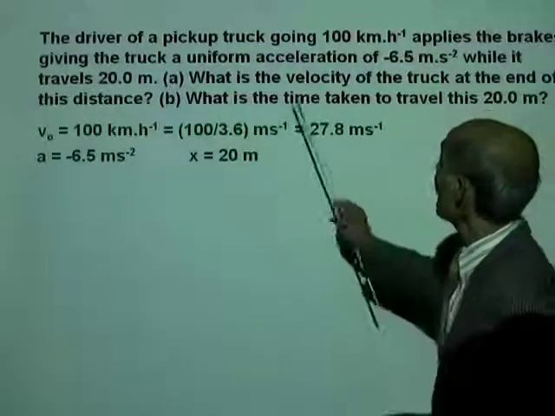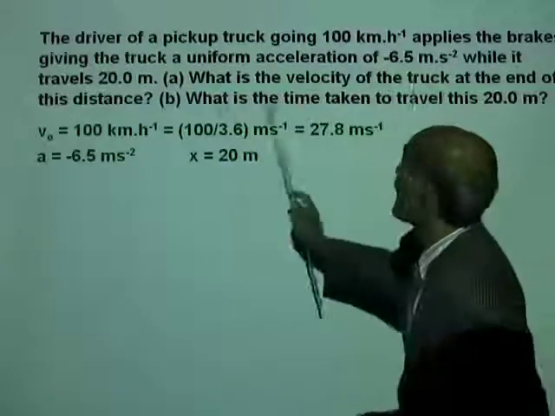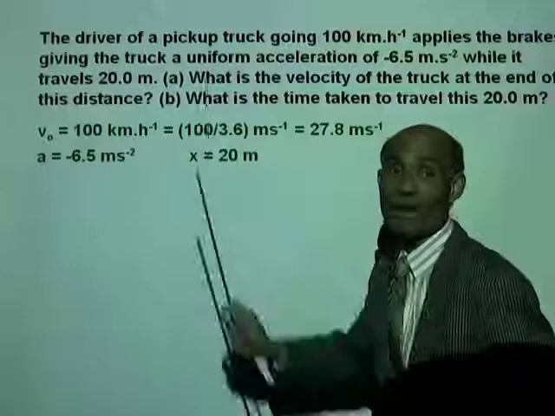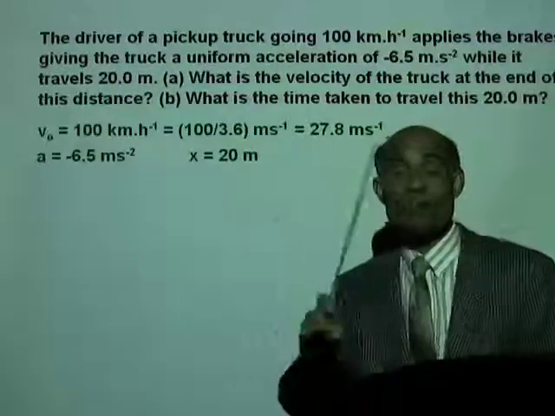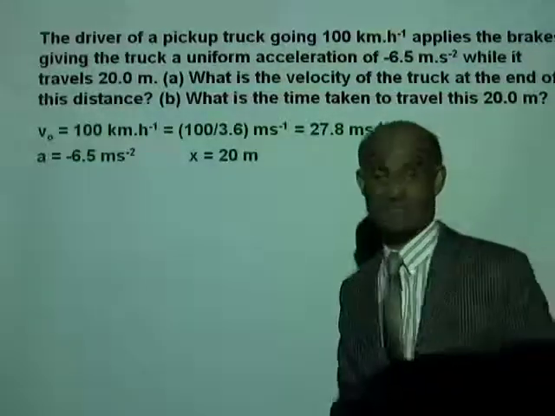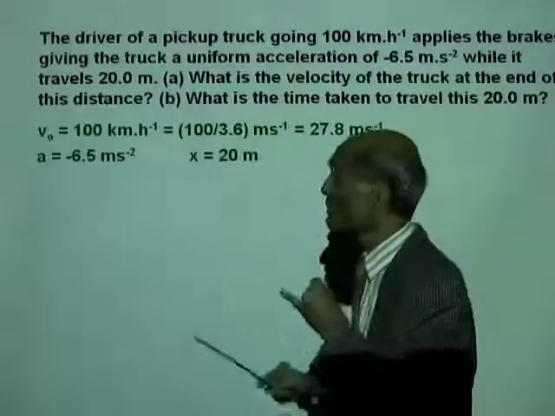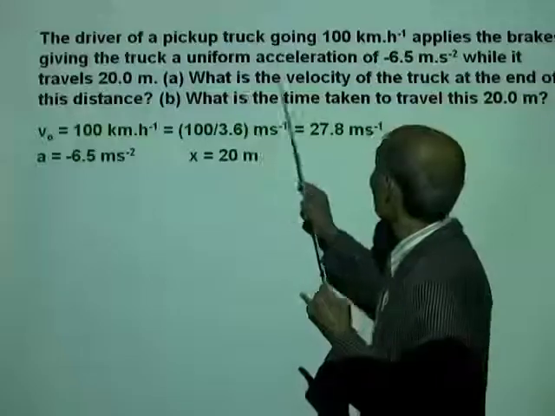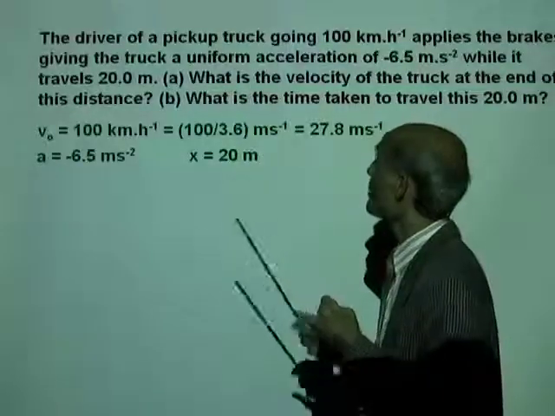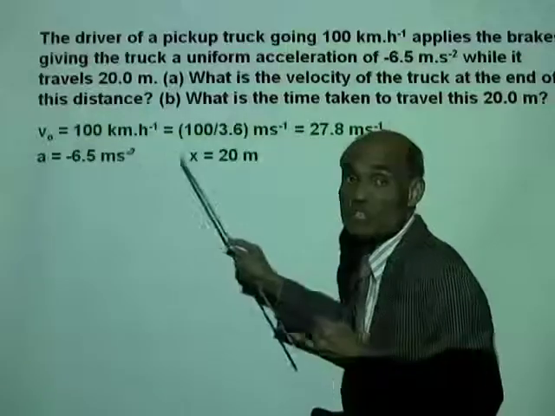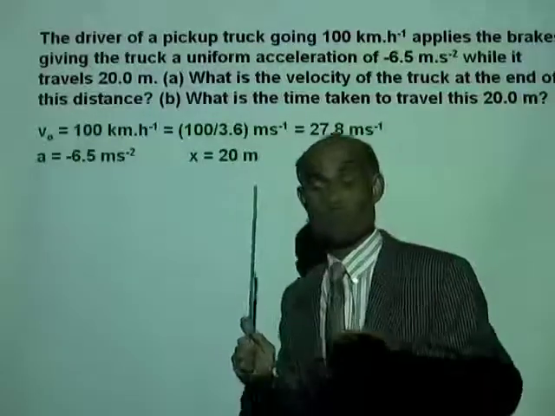What do we need? What is the velocity of the truck at the end of this distance? Well, which of the equations will you use here? If you look at this, we are looking for the final velocity, isn't it? We have initial velocity, we have acceleration, we have the displacement.